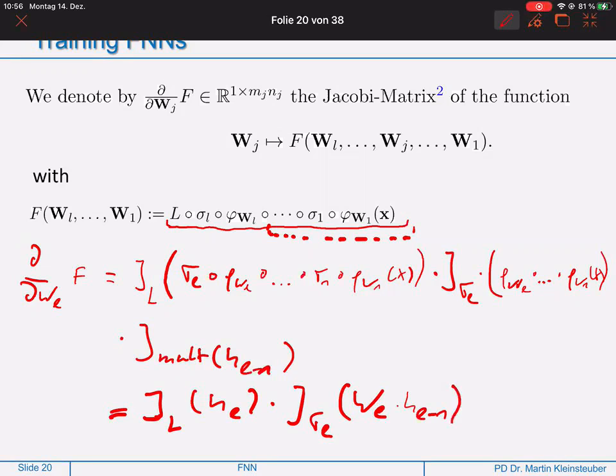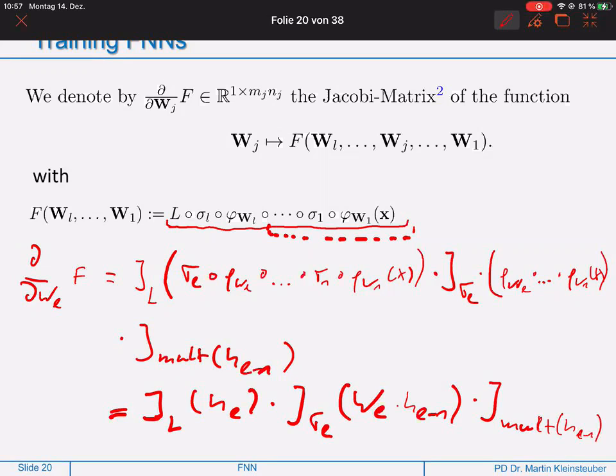And the last candidate that we have here is the multiplication, so it's this matrix where the HL minus 1 lies in the rows multiplication, H L minus 1.